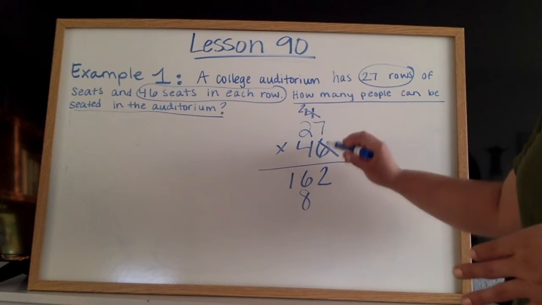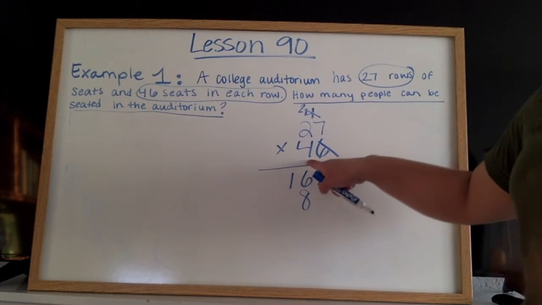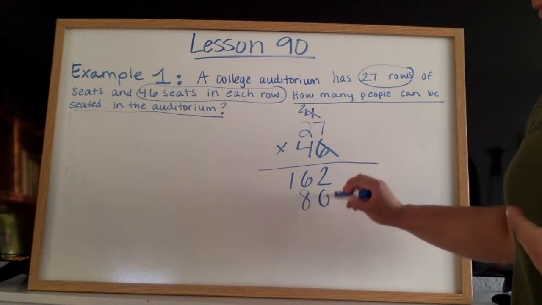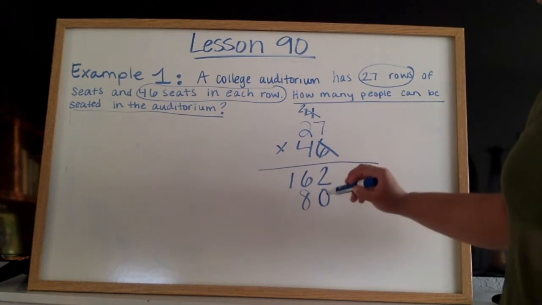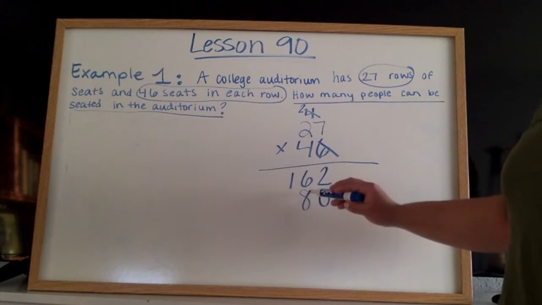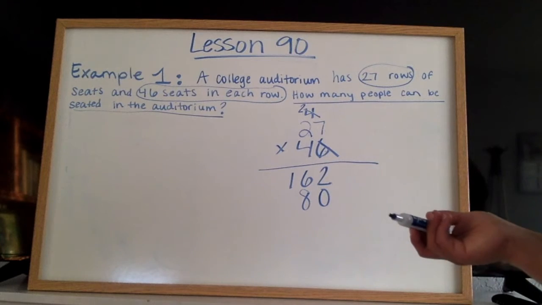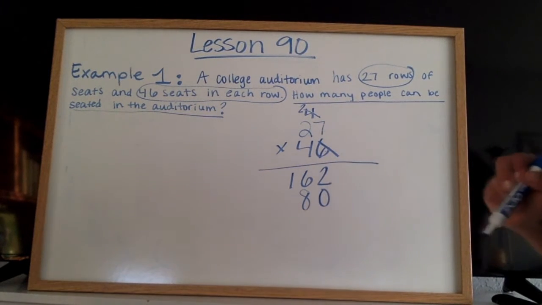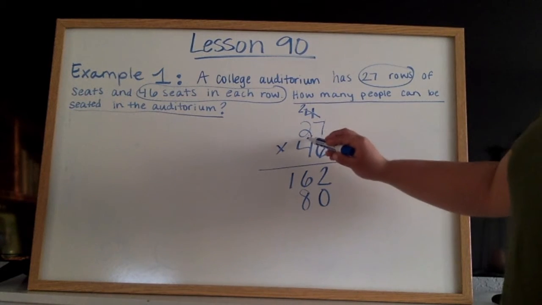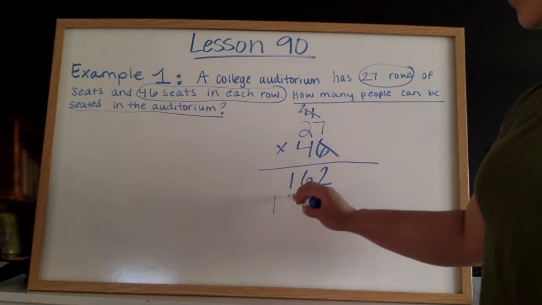And since we took 27 times 4, and this was in the tens place, it's actually taking it times 40. So we need a 0 here, because 4 times 7 is 28, and this 4 was in the tens place. Then we can take 4 times 2, which is 8, plus 2, which is 10.